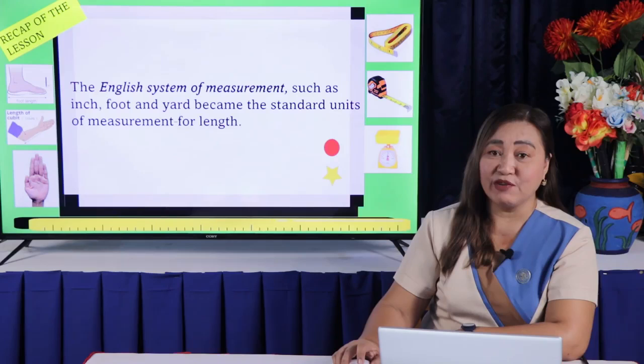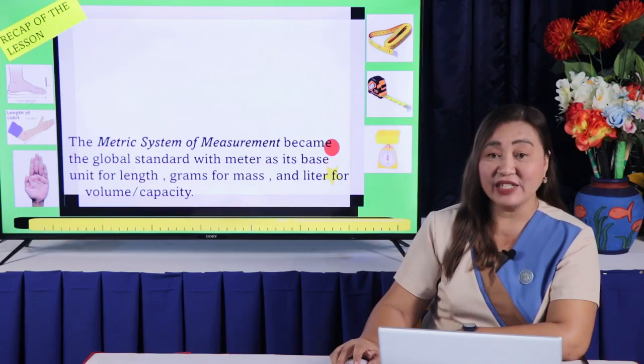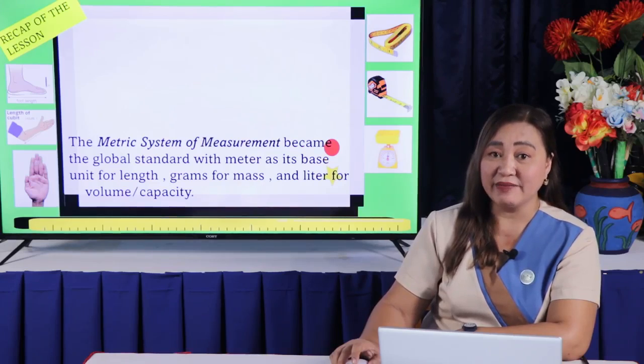The English system of measurement, such as inch, foot, and yard, became the standard units of measurement for length, and the metric system of measurement became the global standard, with meter as its base unit for length, grams for mass, and liter for volume or capacity.